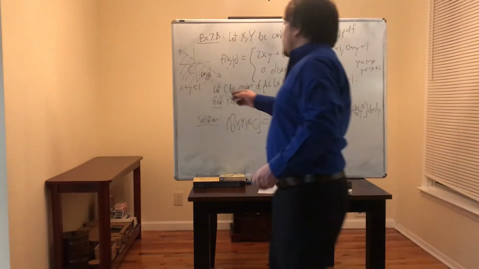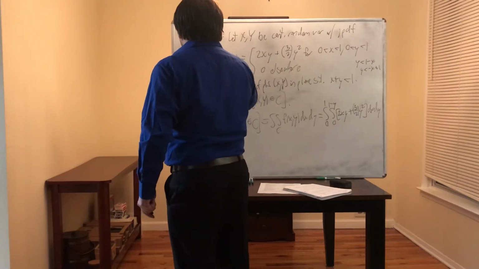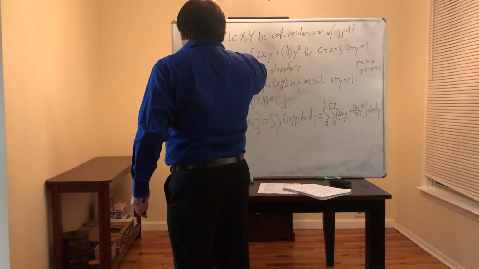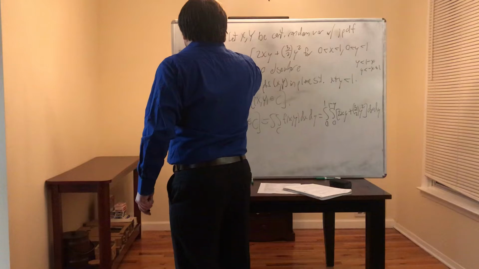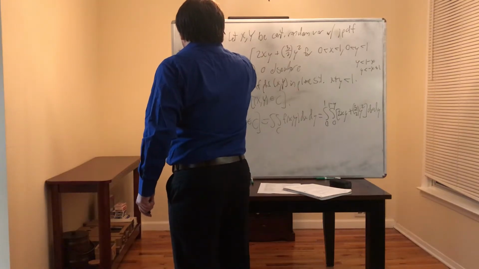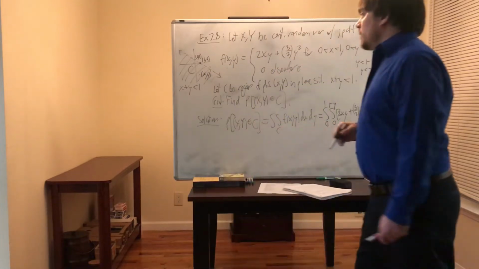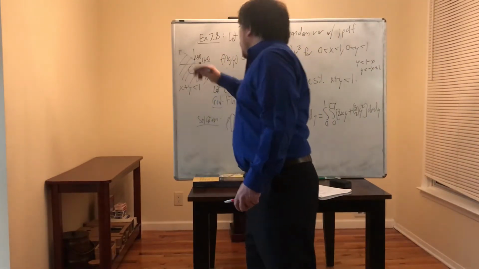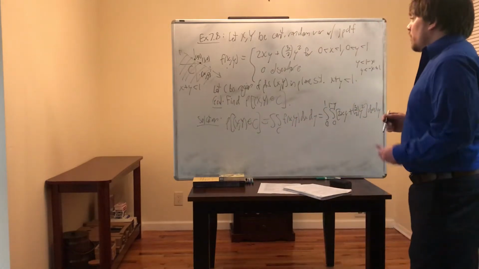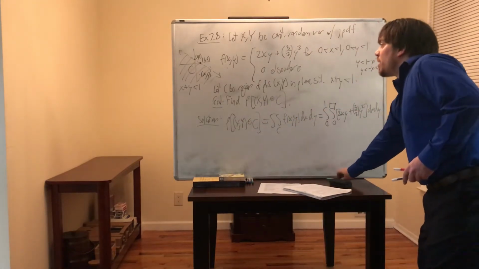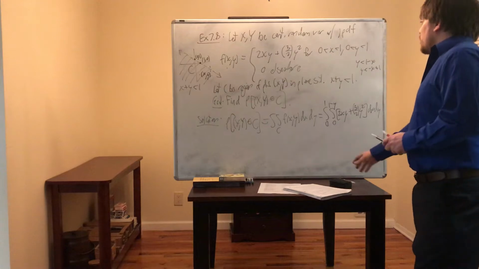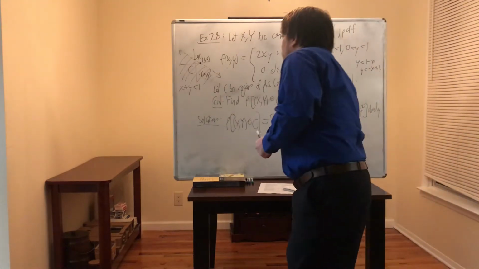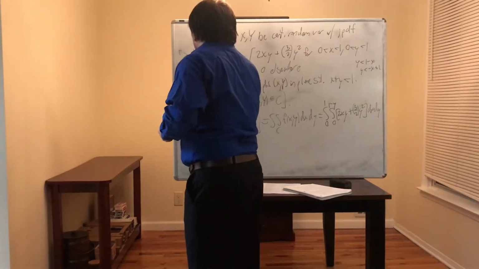And so where does this line cross the x-axis and y-axis? This point where y is 0 is the point 1 comma 0, and this point here is the point 0 comma 1. So those are the points here, 1 comma 0 and 0 comma 1. And so if f of x comma y is 0 everywhere other than for x and y values strictly between 0 and 1, then the only values we care about are in this triangle here.